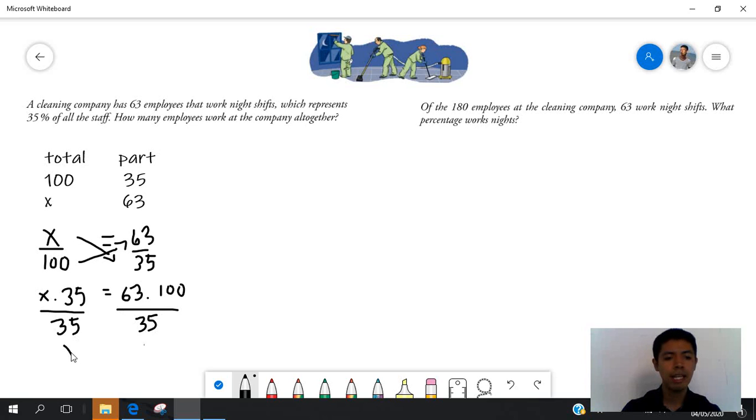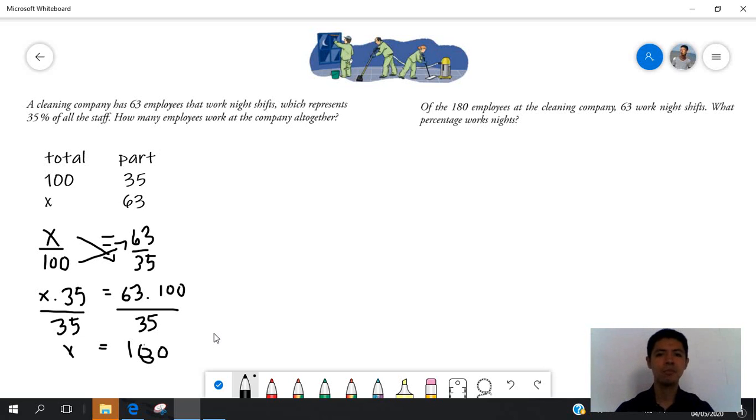So I will say that X is equal to this operation, 63 times 100 divided by 35, and that is 180. It means that 180 employees work at the company altogether.